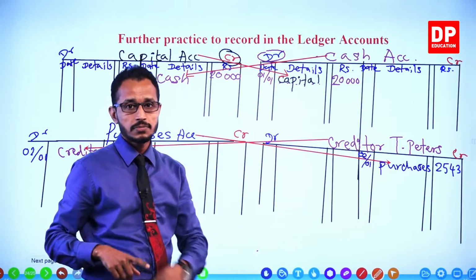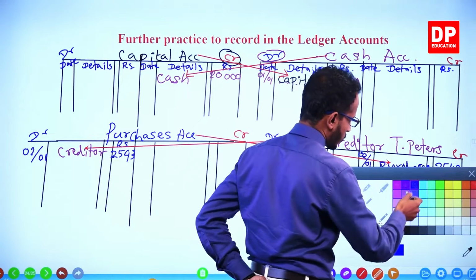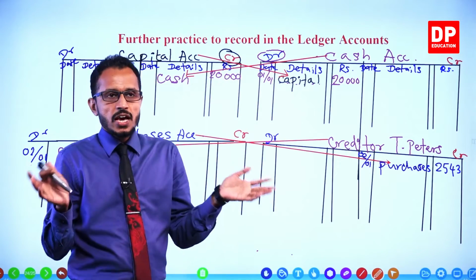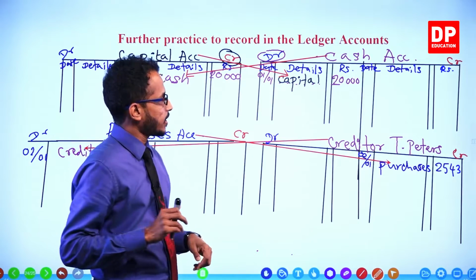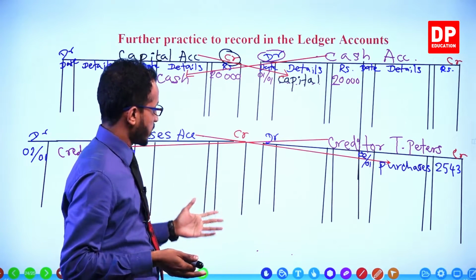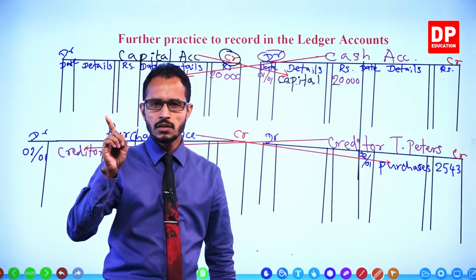You're recording that. This is a question which is frequently asked. Most of the children ask this question. Sir, we have drawn a cash account, sir, and we have recorded one entry. And this transaction also we need a cash account, sir. We'll draw it here. No, don't draw it again.